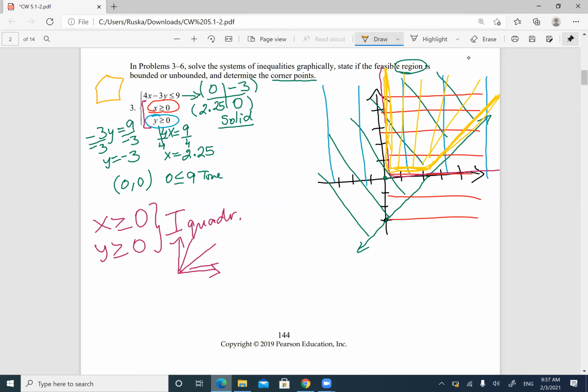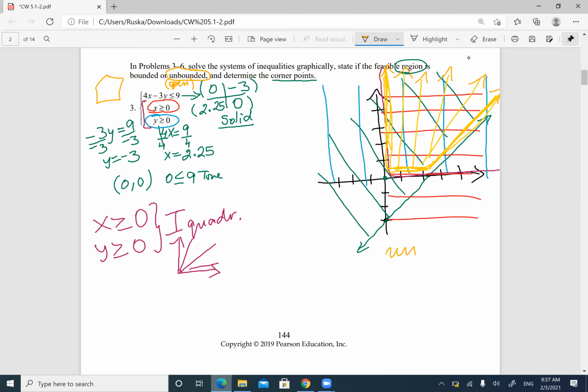Unbounded, it's an open area. So I'm going to put open. This is open, right? Because it's continuous, see, you can go all the way up. There is nothing to stop it at the top, okay? So in this case, the answer is unbounded, okay?